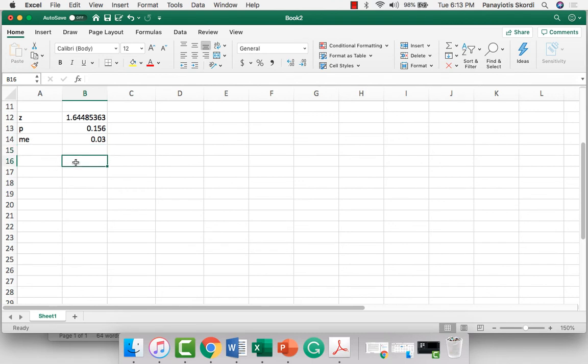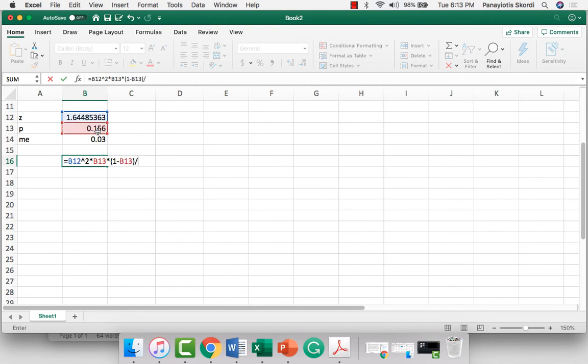So we can do it in one fell swoop, or you can do it in parts. If we do it in one fell swoop, it's going to be equal to this value, z of alpha over 2 squared. So I'm going to press shift and 6 and put the 2. So that's going to be 1.645 squared. And then I want to multiply that by p. So p is that. And then I want to multiply that by 1 minus p, close parentheses.